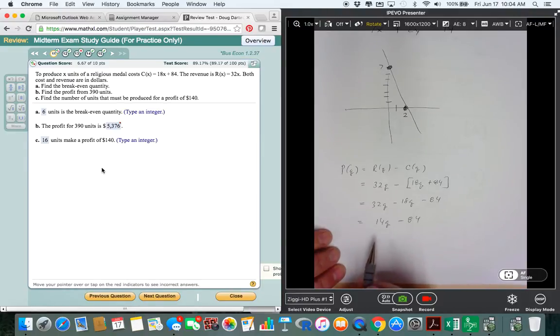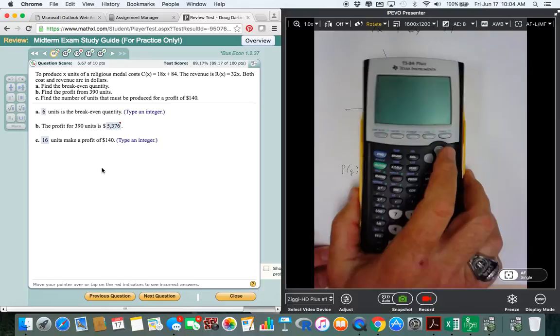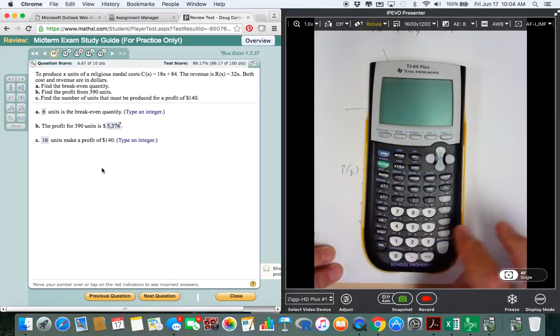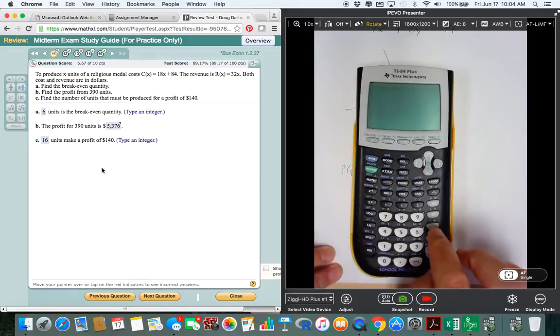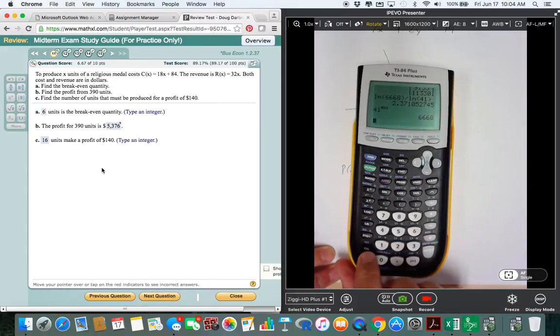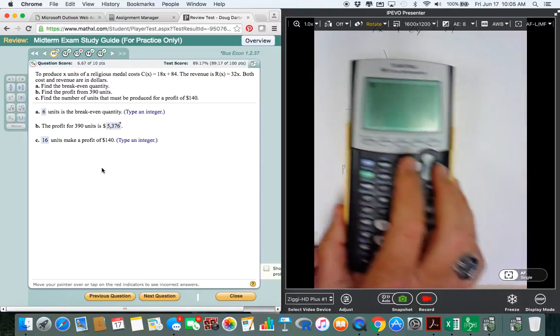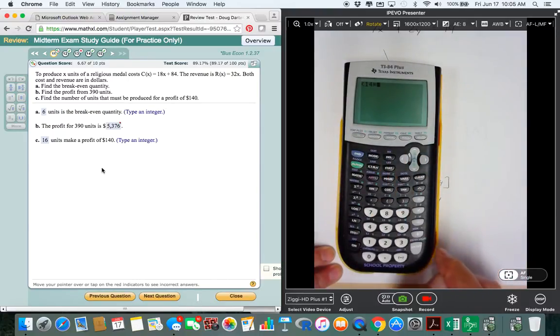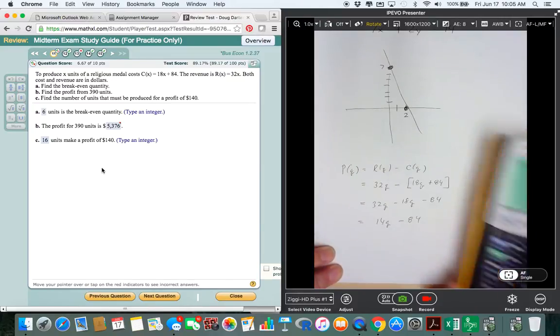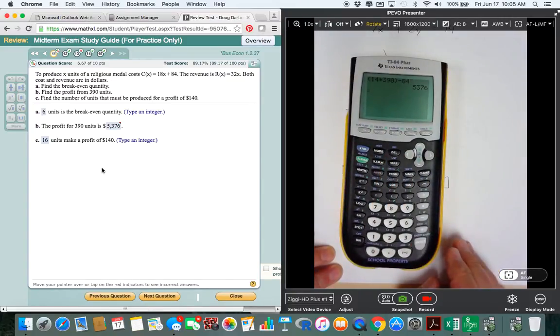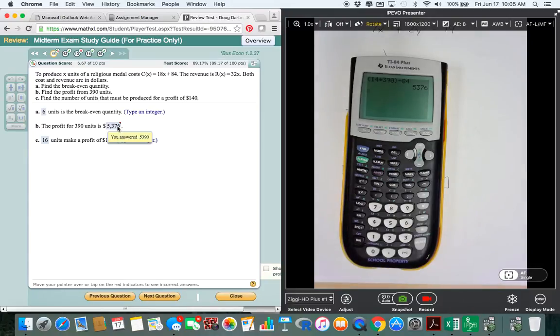So the profit for 390 units. I'm just plugging away there and nothing's showing up. 14 times 390 minus 84, right? Yeah, so 5376. Where did we get 5390?